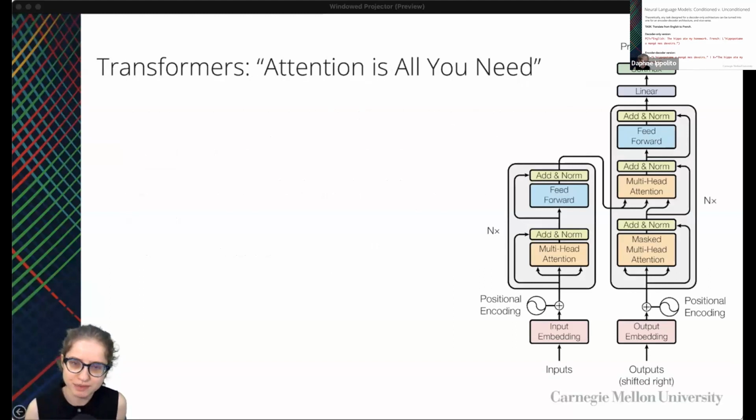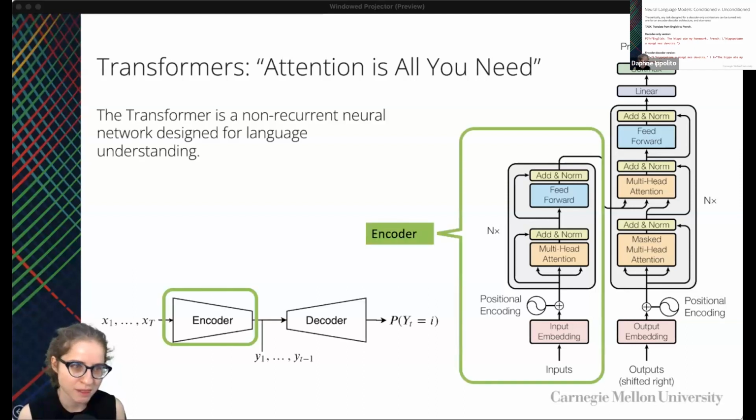So here is the picture of the transformer architecture from the original Attention is All You Need paper. We're going to end our discussion of architectures by going over this picture to try to understand what's actually going on here and how it fits into everything else we've talked about already. Okay, so you have your encoder. This is what we've seen lots of times already.